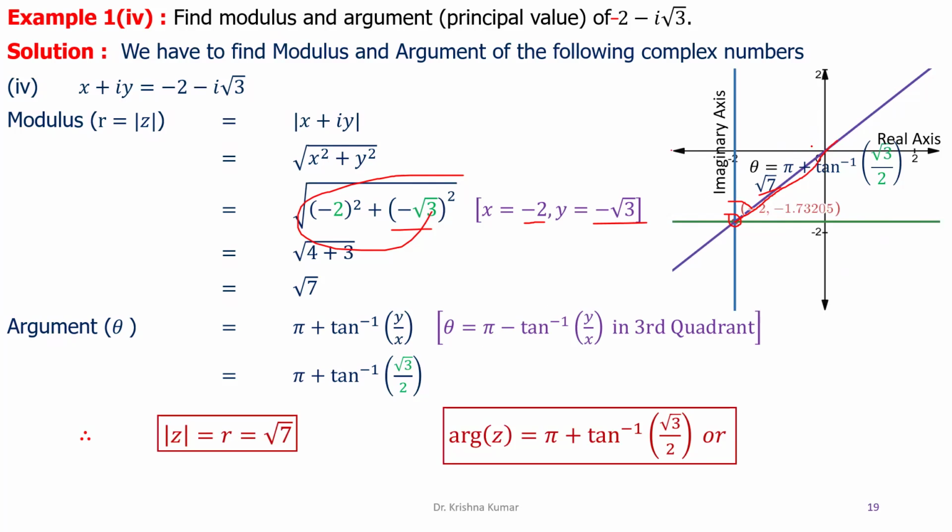It is pi plus something. This total thing is pi, and this is plus.